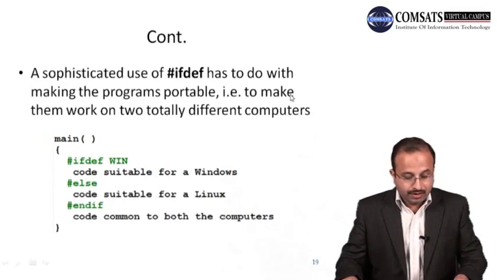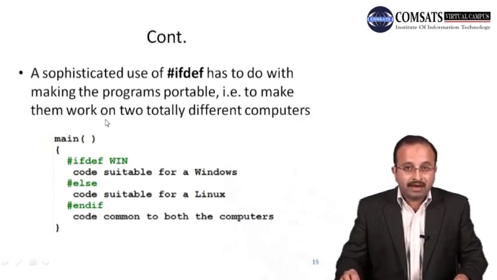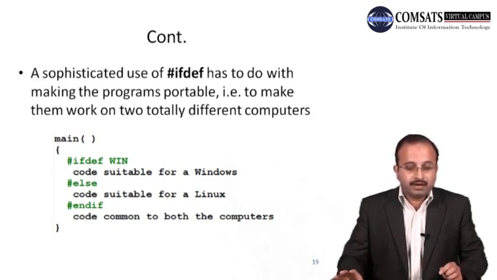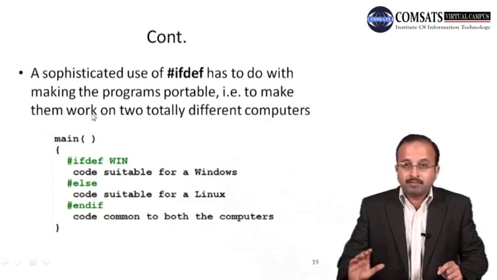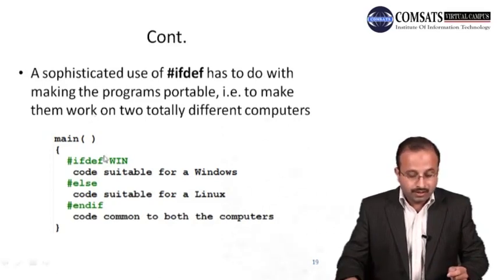So you say that if defined Windows, so if you want to execute this code in Windows, you have to define the win macro. Just define the win macro. So if the win macro is defined, now this code is perfect to execute on the Windows operating system. This is the code suitable for Windows and this is the code suitable for Linux.